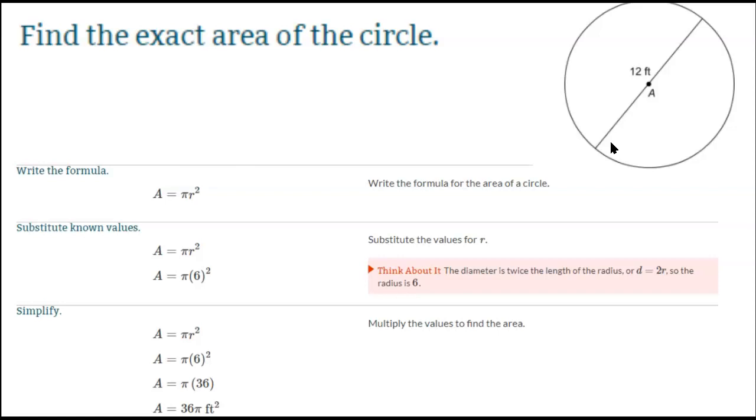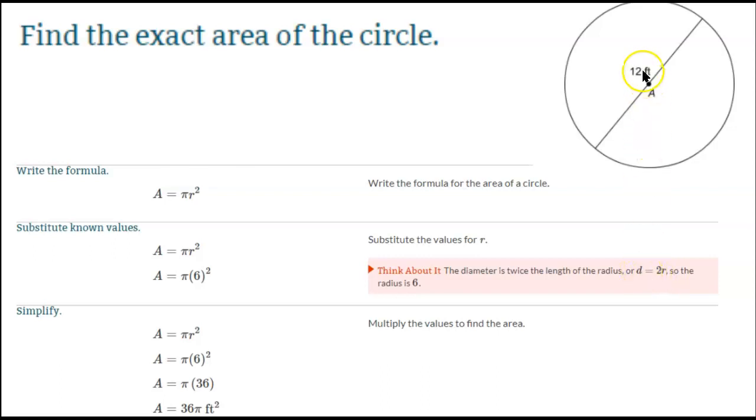What do we do to find the radius when they've given us the diameter? Well, we know that diameter is 2 times the radius. So we're going to divide both sides by 2 to find the radius. So diameter divided by 2 equals radius.